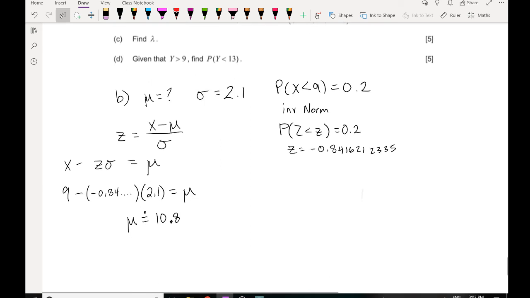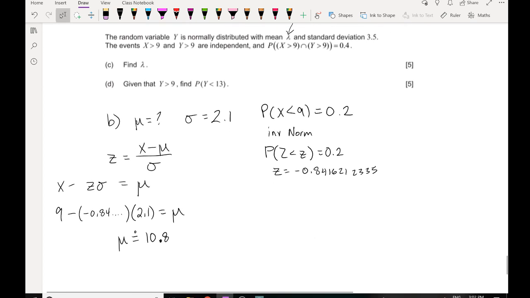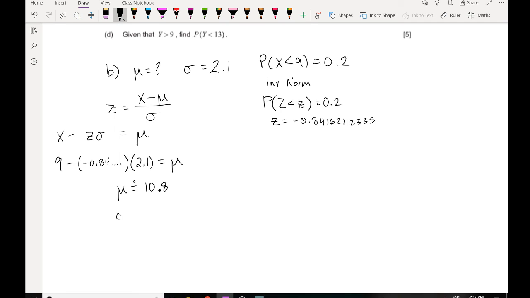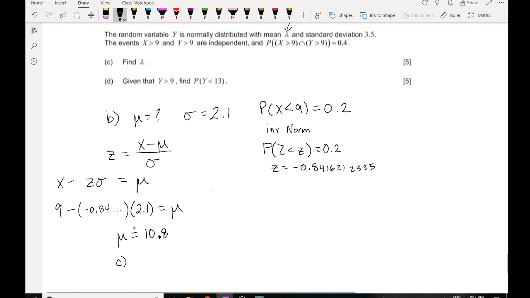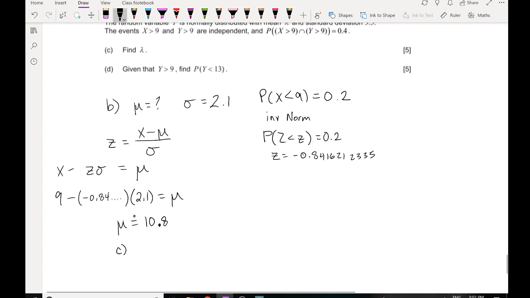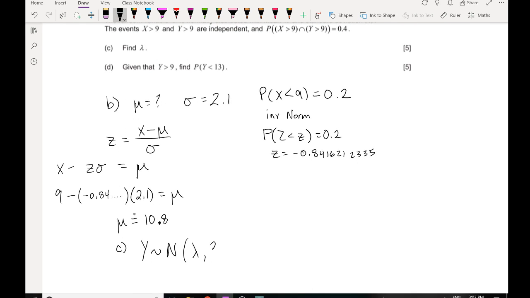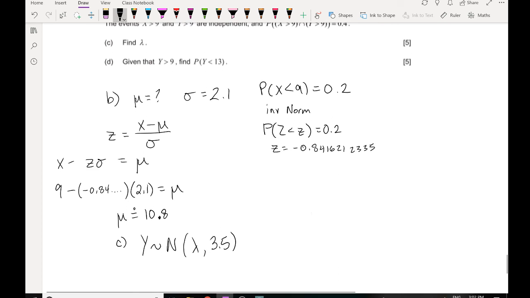So that block of text basically gives us a ton of information, even though it only was 2 sentences. So we know that y is distributed normally, its mean is lambda, and its standard deviation is 3.5. That's helpful, but not entirely sufficient to solve the question on its own.